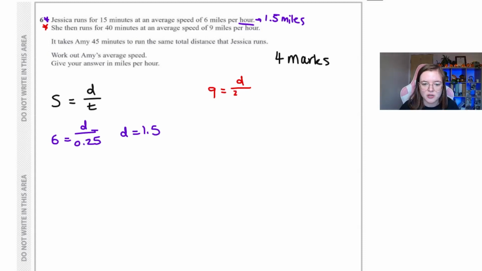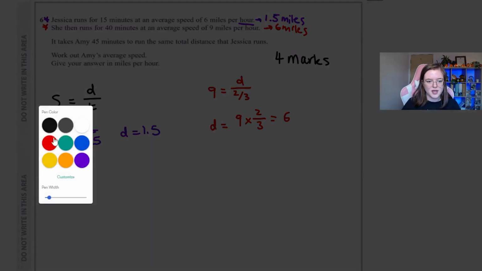I'm going to keep it as 2/3, since it's going to be a recurring decimal. So I then can work out the distance. So distance is 9 times 2/3, same thing I did over here. 9 times 2/3, which is 6. There we are. So in this stretch, she runs 6 miles.